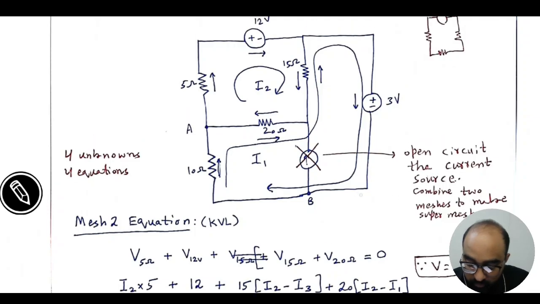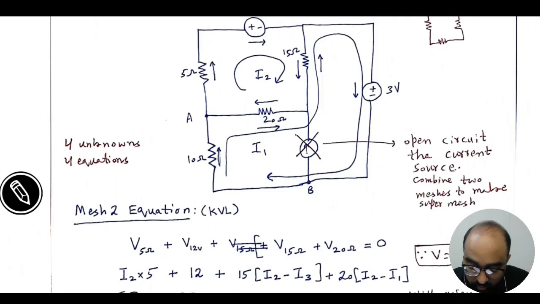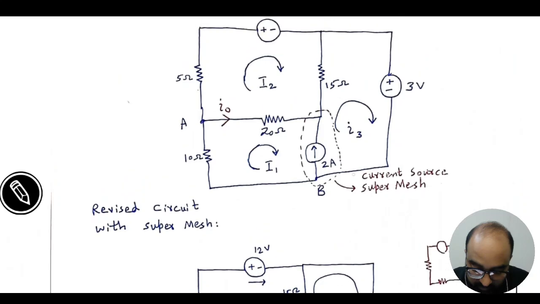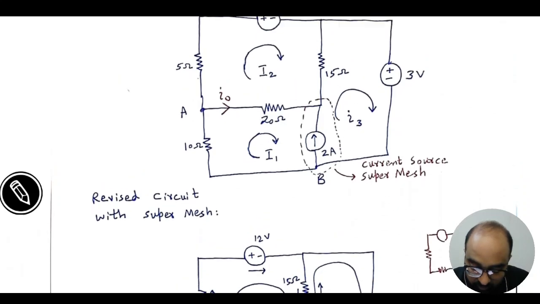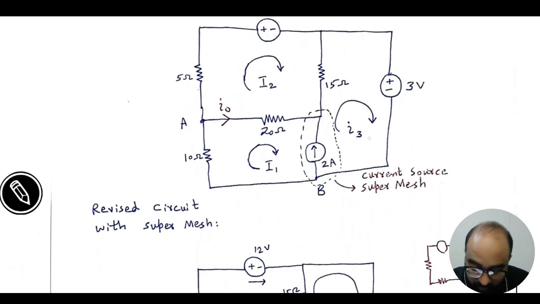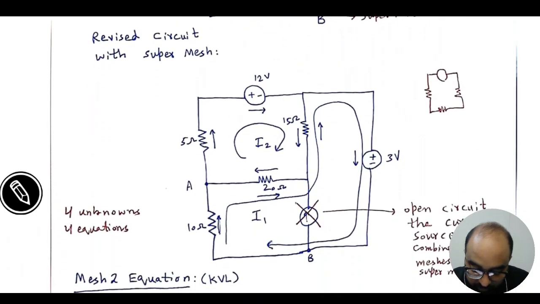By doing so, we will be combining two different meshes. Here you can see there is mesh 1 and there is mesh 3. When we replace the current source with an open circuit, we will get a super mesh, which I have drawn here.